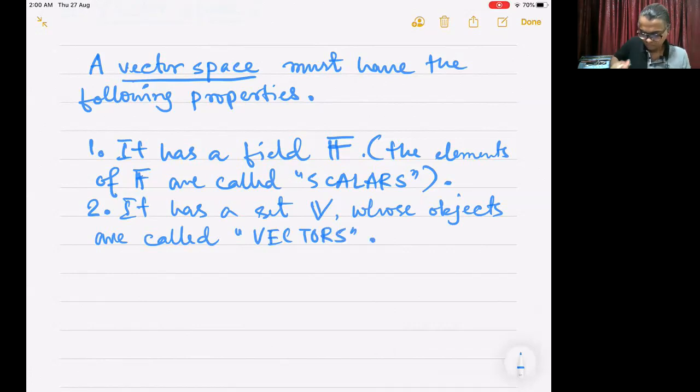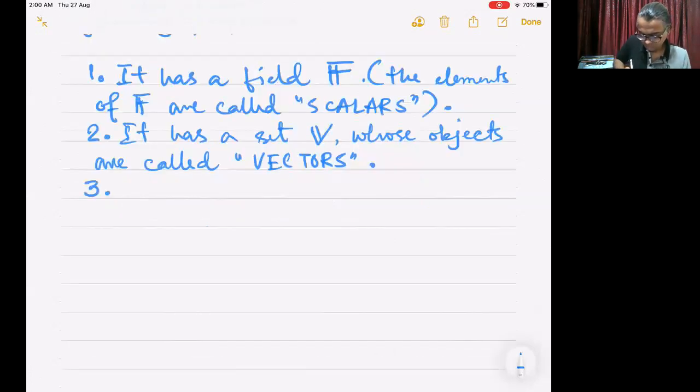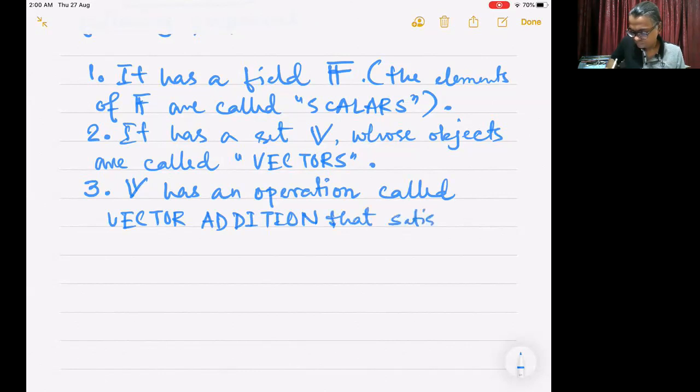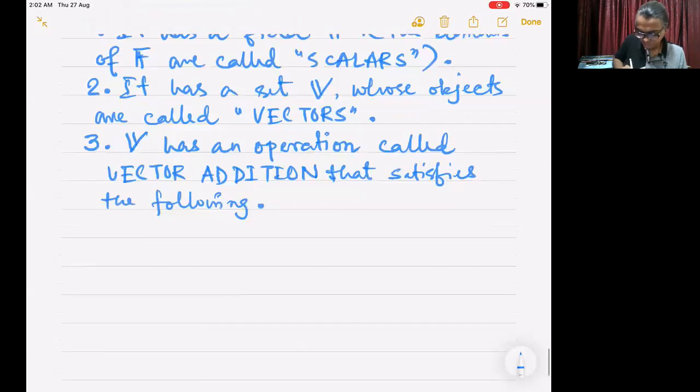V has an operation or a rule called vector addition that satisfies the following. So the vector addition will have to satisfy the following few properties.